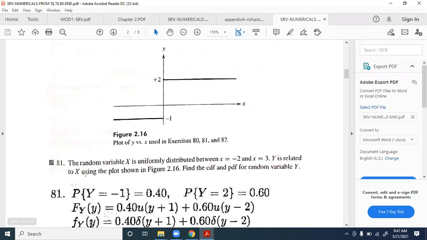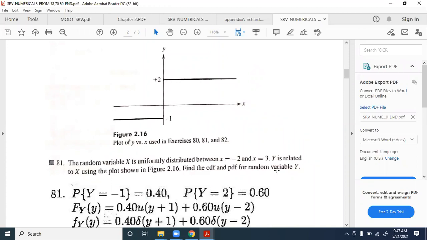Y is related to x using the plot shown in figure 2.16. Find the CDF and the PDF for the random variable y.